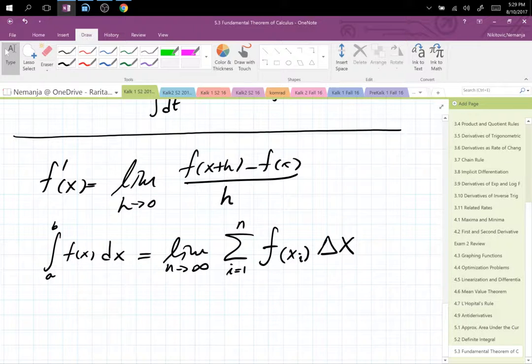Why are these two opposite of each other? What do you see there? Nice.